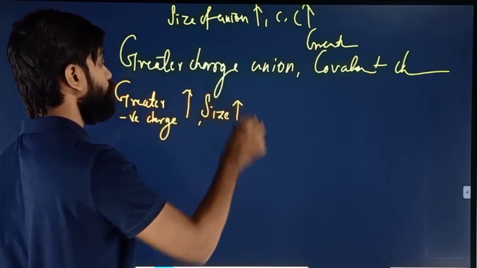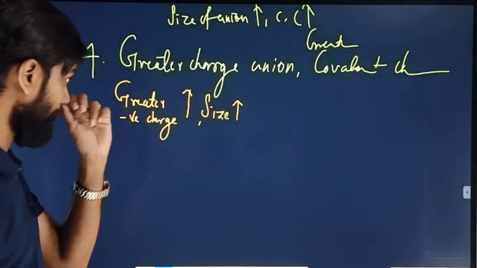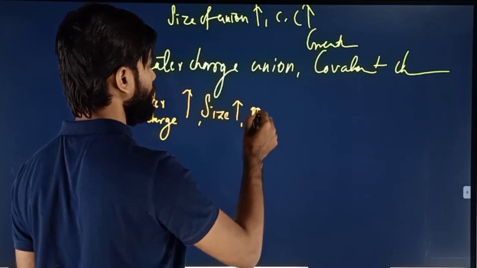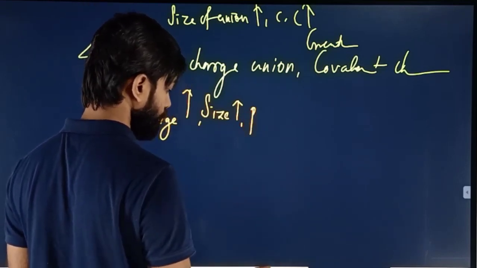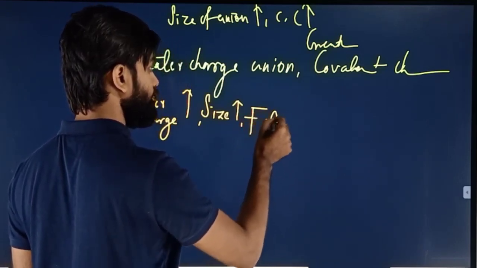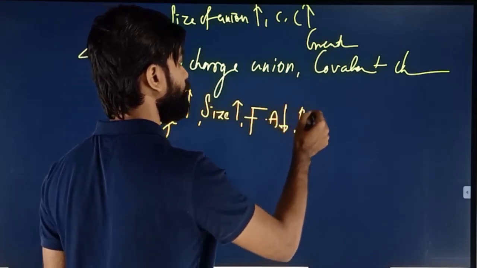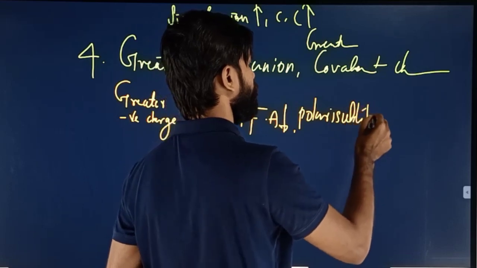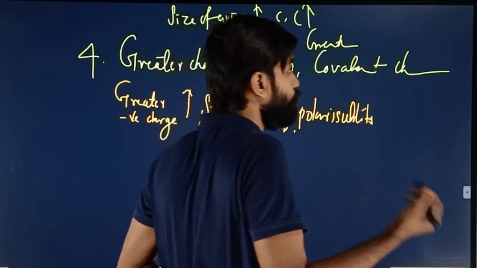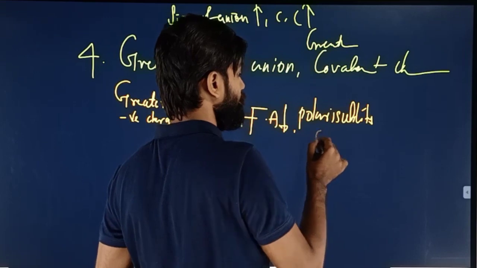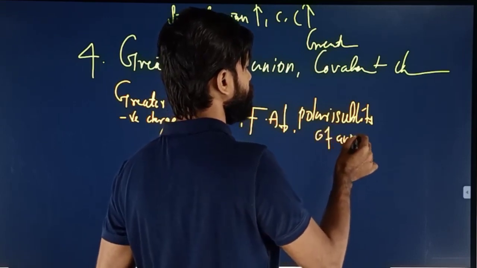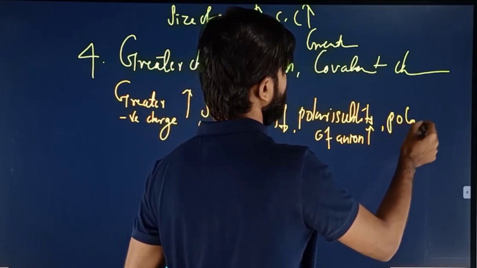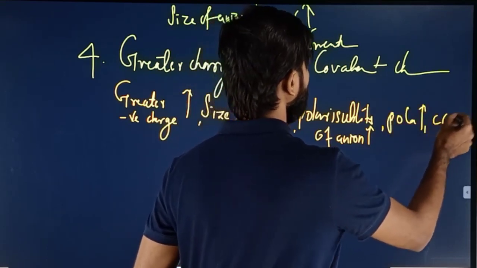An anion with greater negative charge will be larger. You know that point from classification of elements. Size increases means force of attraction decreases. If force of attraction decreases, the polarizability of the anion increases. If the polarizability of the anion increases, polarization increases, covalent character increases.